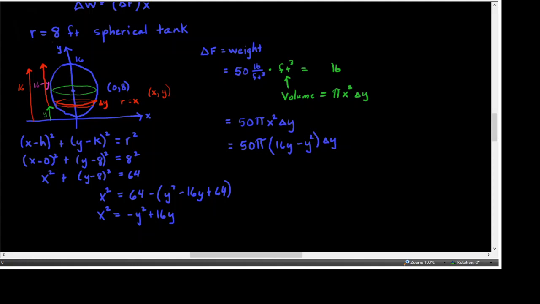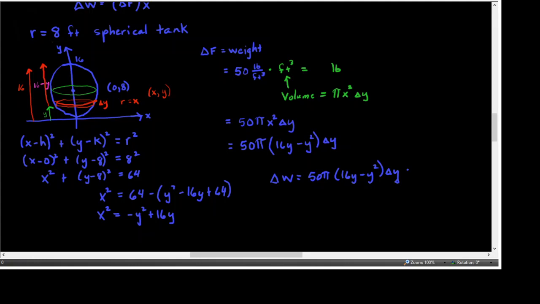Now, that means that our delta W, as you saw in the second option up there above, is going to be delta F. So that's our expression we just found. Let me copy that down. Okay. And that's to be multiplied by our distance that we're moving it. I know I wrote x up there, but that was to represent distance of movement. So, how far are we moving this thing?